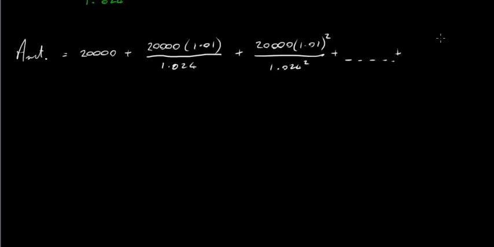I'm just going to put in the last one here, 20,000 times 1.01 to the power of 25 divided by 1.024 to the power of 25.